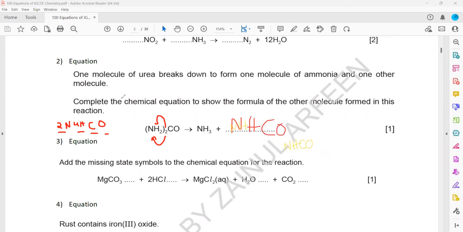Because they just mentioned, we have to complete the equation to show the formula of the other molecule formed. We don't have to balance this. We just want to know what the other substance is which is left. So we count the left hand side and the right hand side.